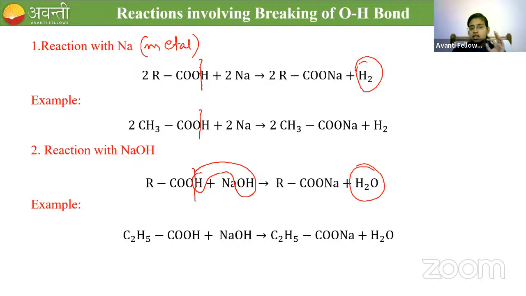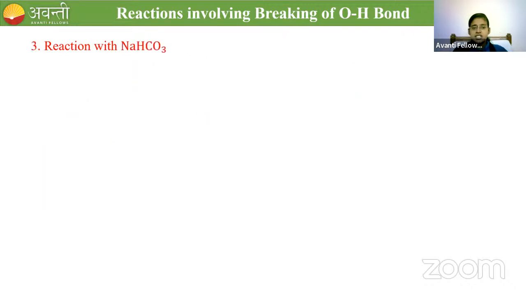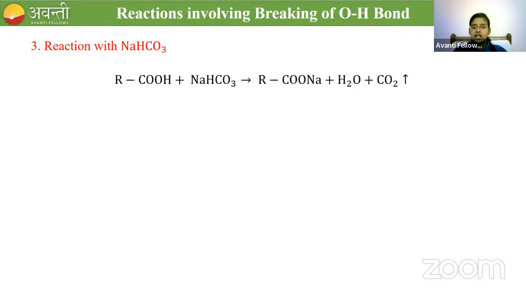All right. The third reaction is reaction with sodium bicarbonate, NaHCO3. If I treat this carboxylic acid with NaHCO3, again the main product will be same. The byproducts are different. 2 byproducts, carbon dioxide and water, are coming out. Carbon dioxide is a gas, right? It will evolve.